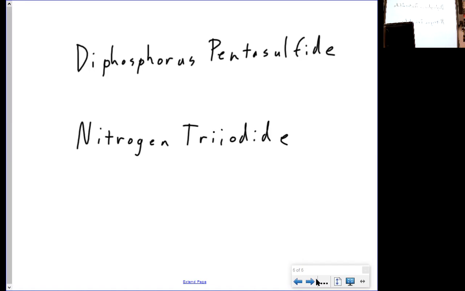Phosphorus pentasulfide and nitrogen triiodide. That's easy as pie. Both of them, I think.